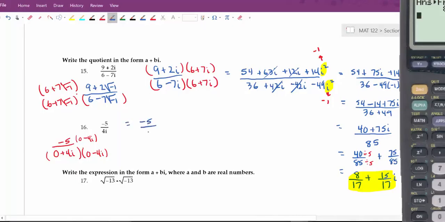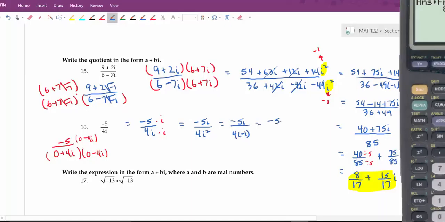I'm going to say negative 5 over 4i. And I'm going to just multiply by i. Because if I multiply by i I get i squared, which is negative 1. So what I'm going to get is negative 5i over 4i to the second. Okay, so that's going to give negative 5i over 4 times negative 1.